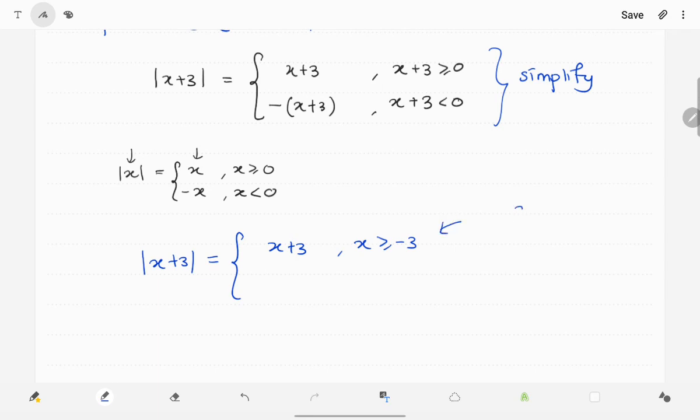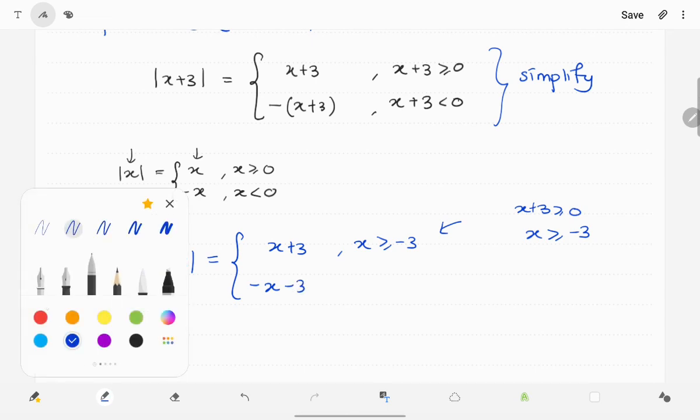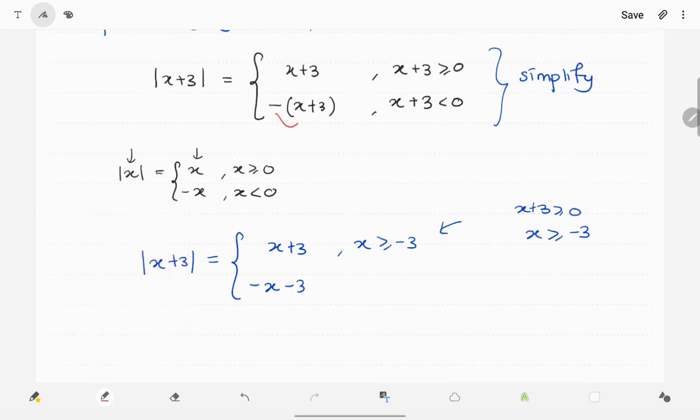How do I get this? x plus 3 greater than or equal to 0, x greater than or equal to negative 3. So negative x minus 3. How do you get minus? We multiply the negative sign into the bracket. Now negative x minus 3, comma, x less than negative 3. How do I get this? x plus 3 less than 0, x less than negative 3.